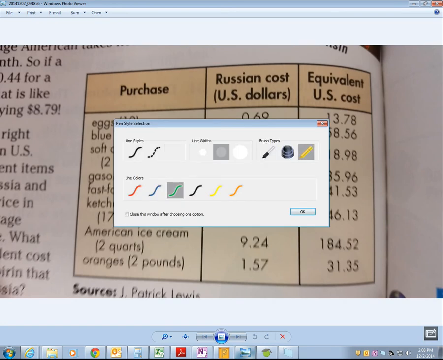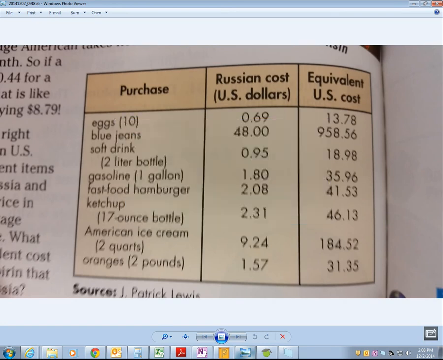Now, people love to complain about gas prices. If they were paying $1.80 in Russia for gas, it's like paying $35.96 for gas. Because it's showing you the proportion of how expensive things would be here if they were as expensive as they would be there. It's proportionate.